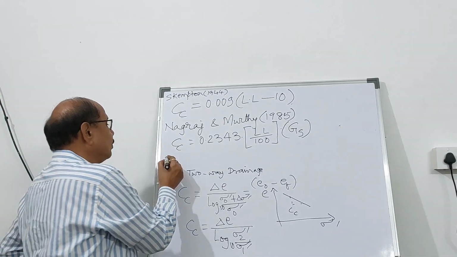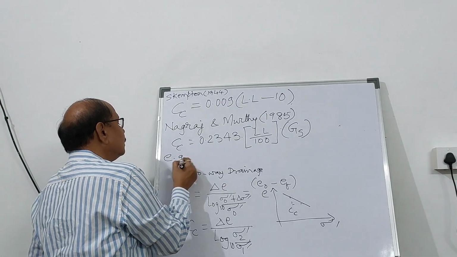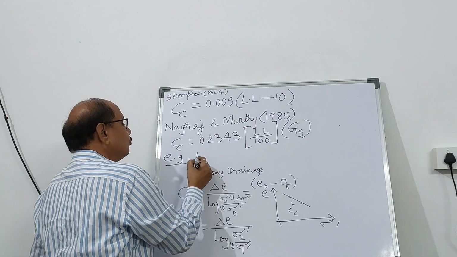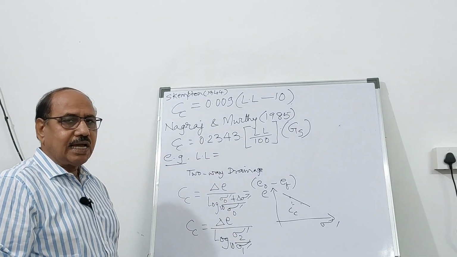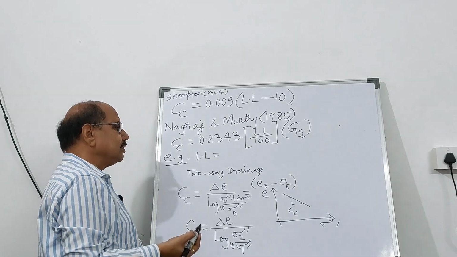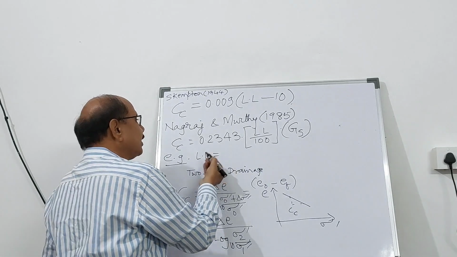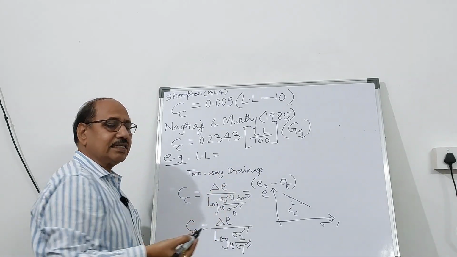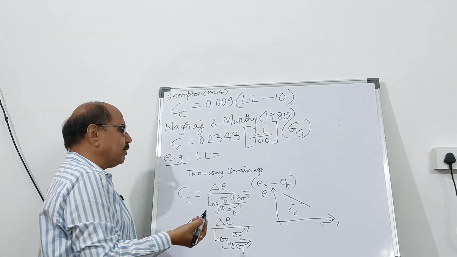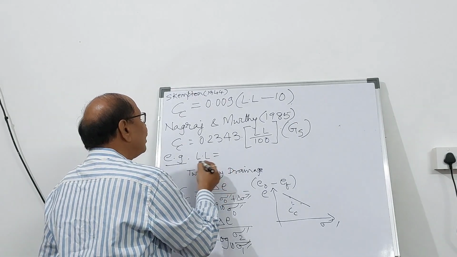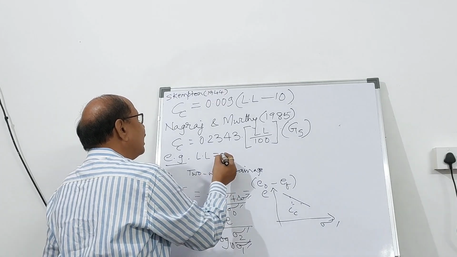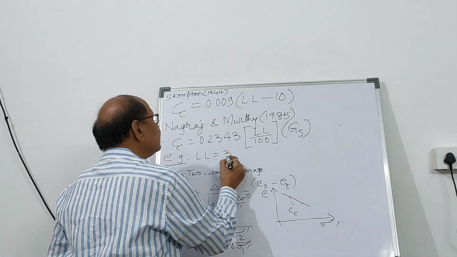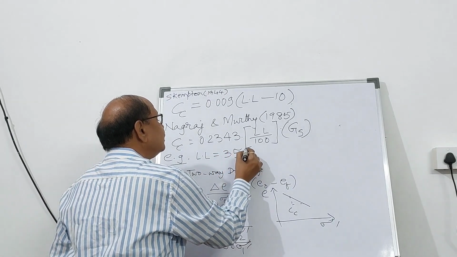Say, for example, let's say the liquid limit. It doesn't take much time. When you perform the test in the laboratory, liquid limit, you can find it out. A very simple Casagrande liquid limit apparatus you can make use of. Let's say for any clay soil, the liquid limit is say 35%.